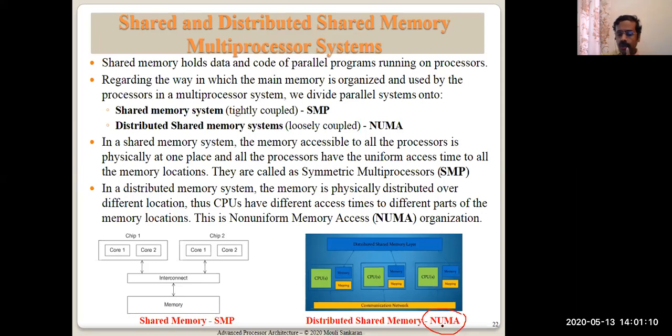What do I mean by non-uniform? Non-uniform from the perspective of the CPU. CPUs cannot access the memory uniformly. You cannot say any location in the memory can be accessed with the same uniform access time. Let me take an example. Suppose this CPU wants to access some location in this memory, physically here in this address.